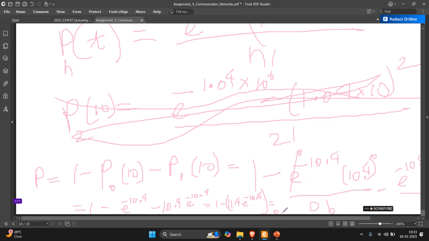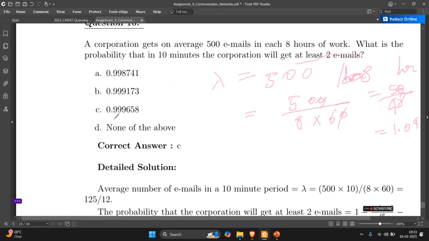So the correct answer is 0.9996, or 99.96%. So the correct option is option C. There is a 99.96% chance that the company will get at least 2 emails.